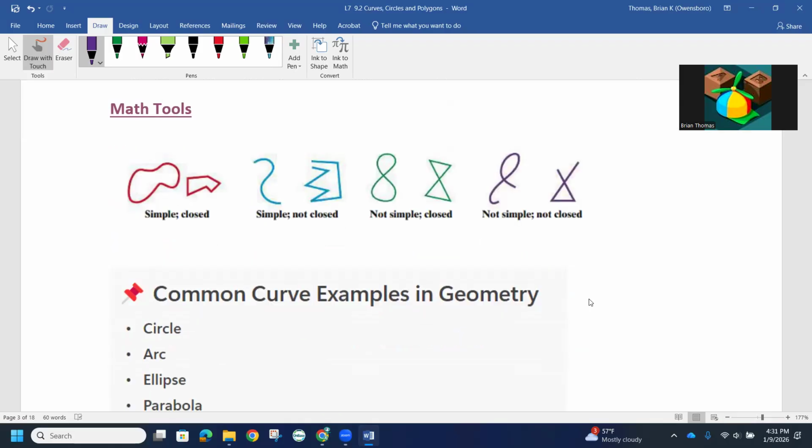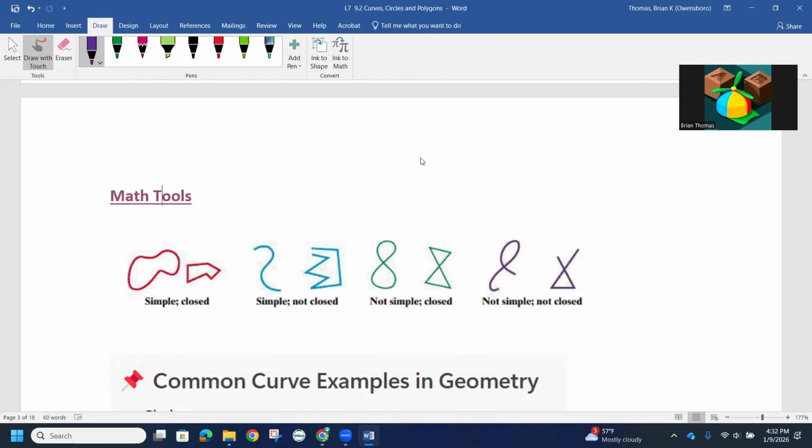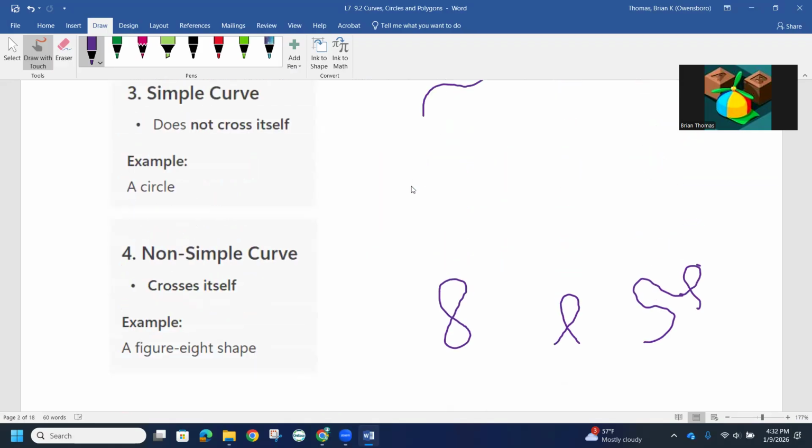So when it comes to the terminology, notice that these are simple curves, but this one's closed. This is a simple curve here, but notice how it doesn't come back to the same point, so it's not closed. Not simple, as we said earlier.